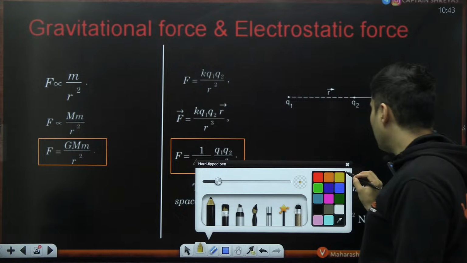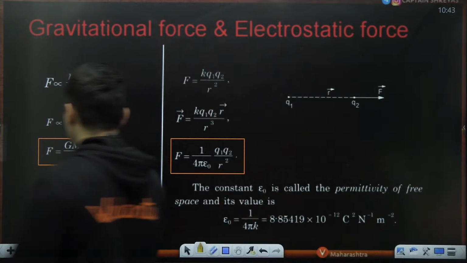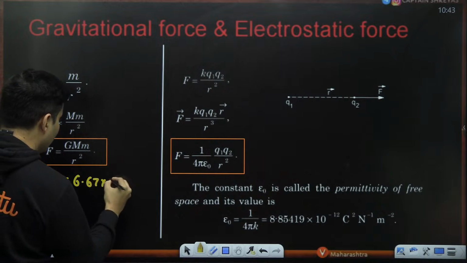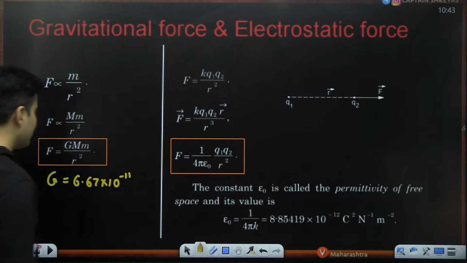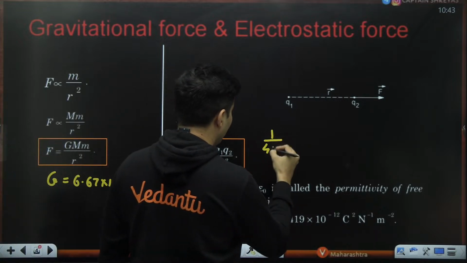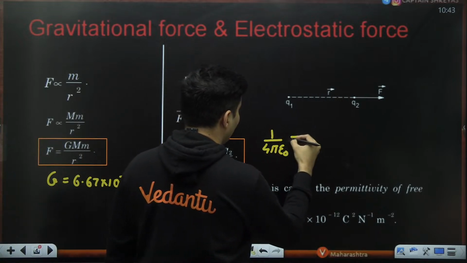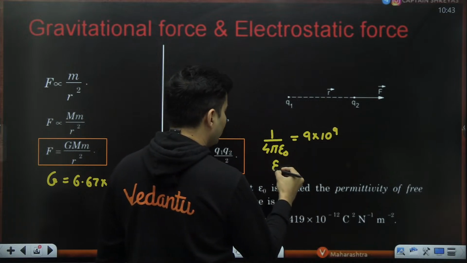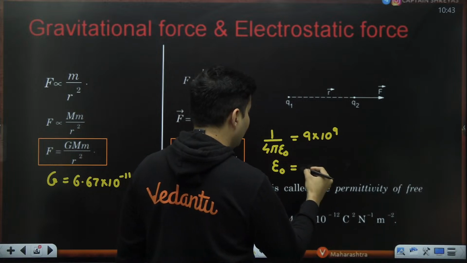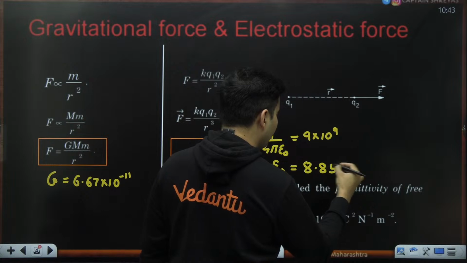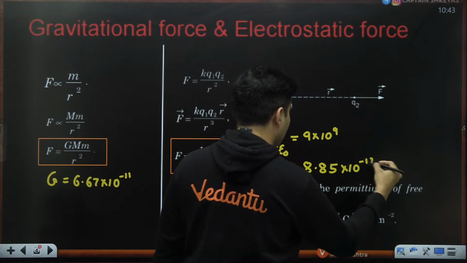One more thing that you should know, the gravitational constant, which is obviously 6.67 into 10 to the power minus 11 SI units. And over here, the Coulomb constant, which is 1 by 4 pi epsilon naught, which is 9 into 10 to the power 9, where epsilon naught is the permittivity, and permittivity of free space is nothing but 8.85 into 10 to the power minus 12.